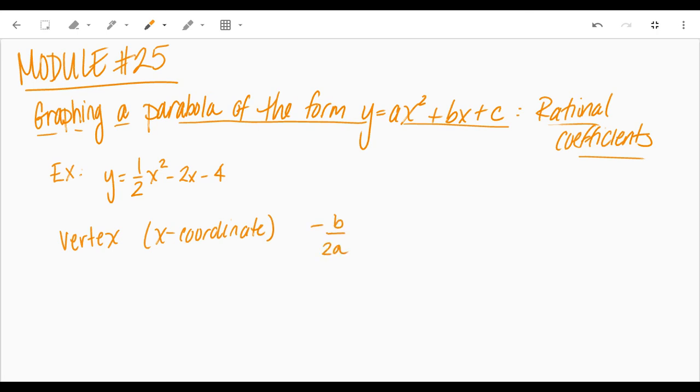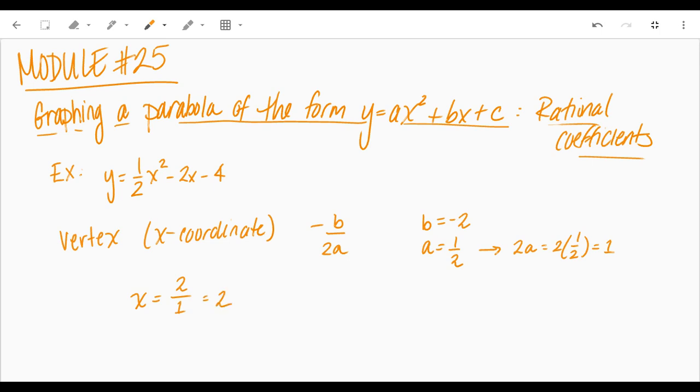In our example, b is -2 and a is 1/2, so 2a is 2 times 1/2, which is just 1. So x will equal the opposite of b, which is +2, over 2a, which is 1, so it's just 2.